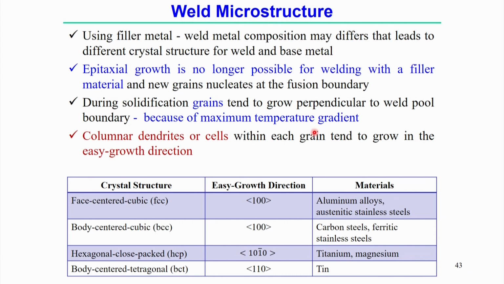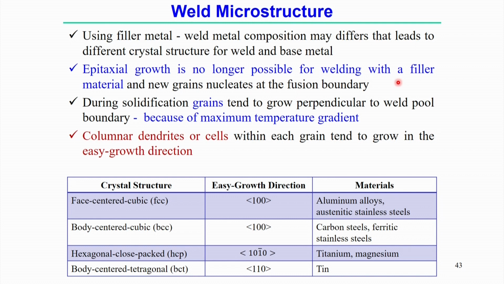During solidification, the grains tend to grow perpendicular to the weld pool boundary, because the maximum temperature gradient exists along this direction. Sometimes the columnar dendrites or cellular structure within each grain try to grow in the easy growth direction.